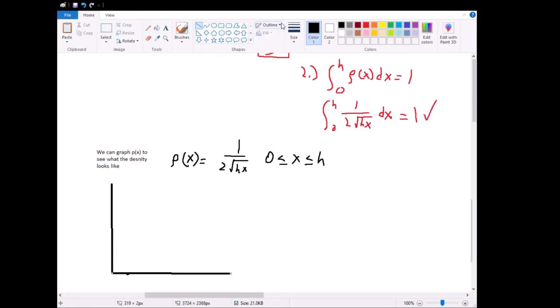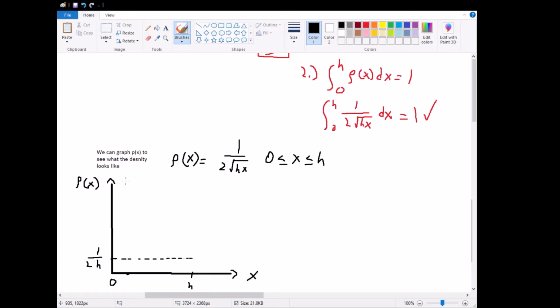The resulting graph looks something like this, where this is our 0 and this is our h, this is 1 over 2h, this is our x-axis, and this is rho of x.